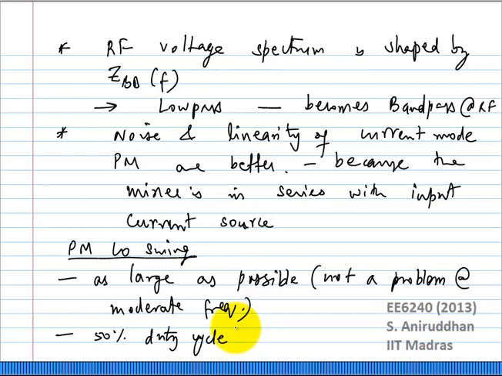Is this really necessary? Or let us go back and see, did we make any assumption as to the duty cycle, or did the duty cycle affect the behavior of the mixer in any way? So what really changes if we change the duty cycle of the LO waveform?